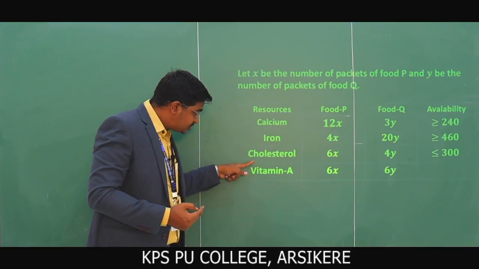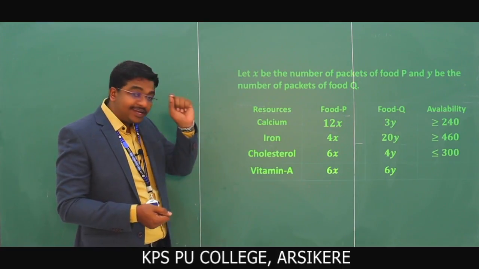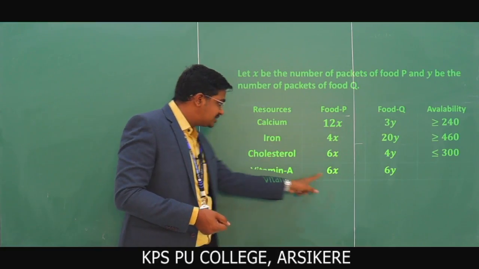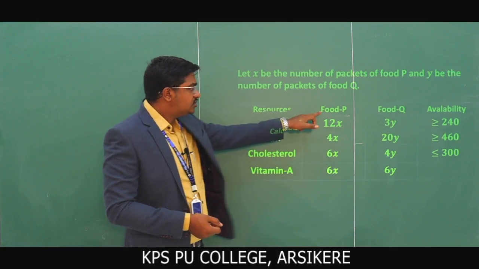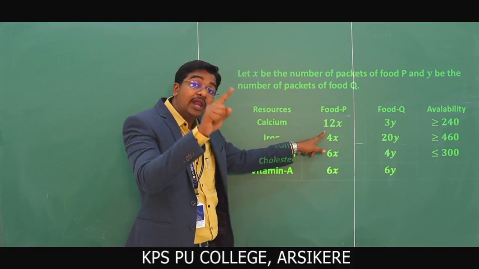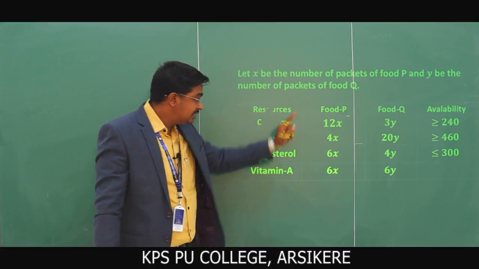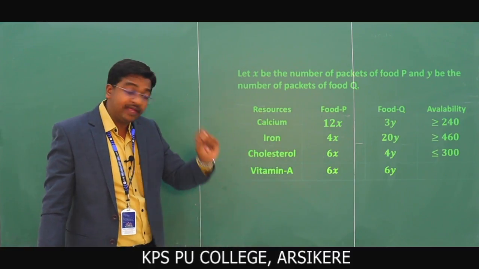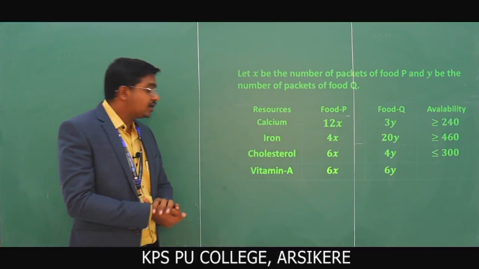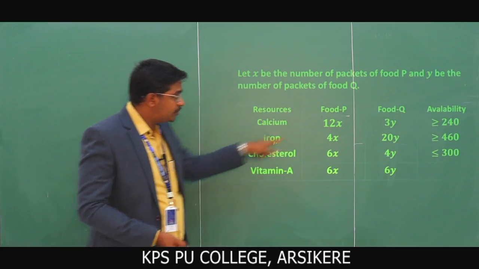Calcium, iron, cholesterol and vitamin A. To develop food P, it contains 12 units of calcium, 4 units of iron, 6 units of cholesterol and 6 units of vitamin A. For food P we have x packets. So 12 times x becomes the total amount of calcium used to develop food P. Similarly 4x represents the total amount of iron, 6x the total amount of cholesterol, and 6x the total amount of vitamin A. These are the calcium, iron, cholesterol and vitamin A used to prepare food P.